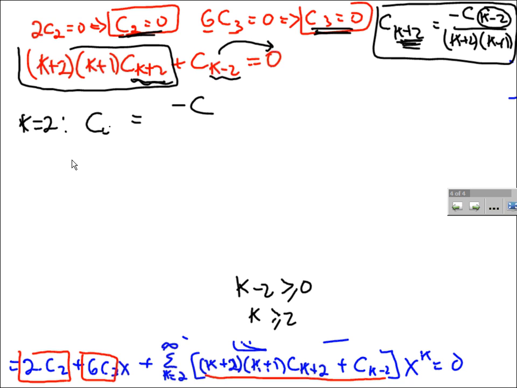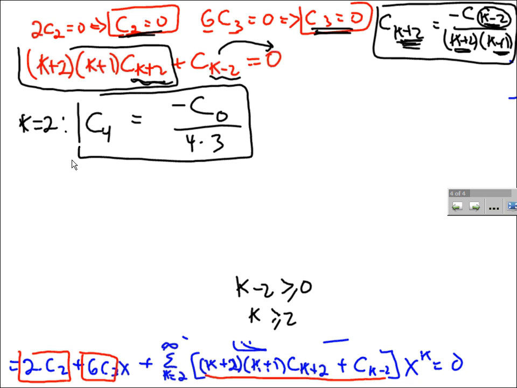So we start at 2. 2 plus 2 is 4. And then 2 minus 2 for the subscript is 0. And k is 2. 2 plus 2 is 4 times 2 plus 1 is 3. So that is C4. It's in terms of C0.